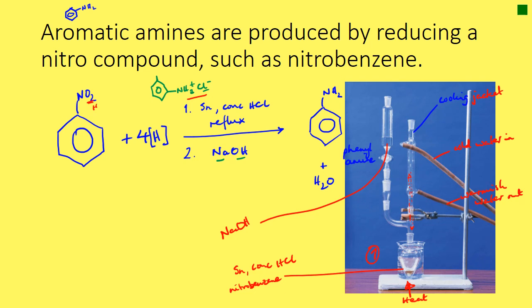And if you're interested in what the salt was that we produced in the first step, I'll draw that up here. So that's going to be your benzene ring, of course, and let's draw it off this corner here.